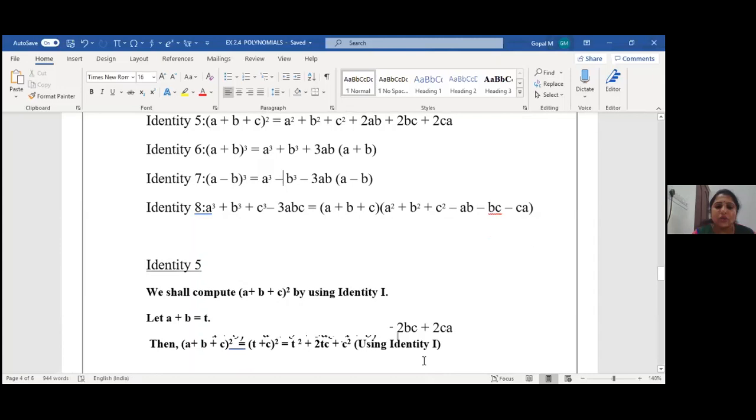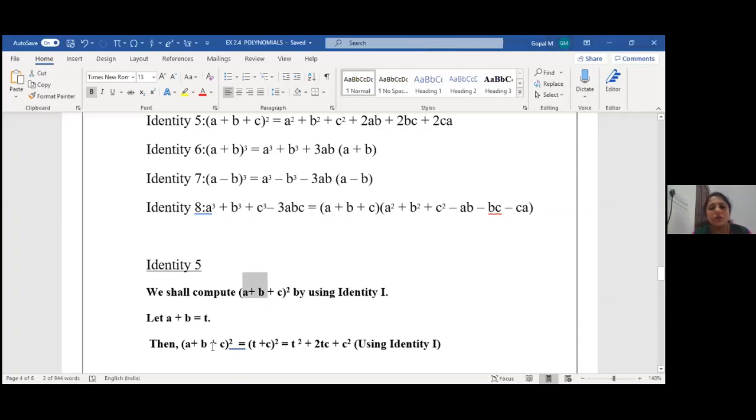First, we'll take (a plus b plus c) whole square using identity 1. Since all the terms are positive, I'll take (a plus b) whole square. I'll take a plus b in the place of a plus b; I'll put t, some other variable I'm taking.